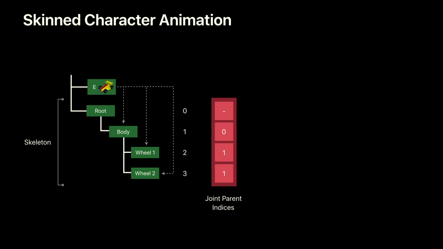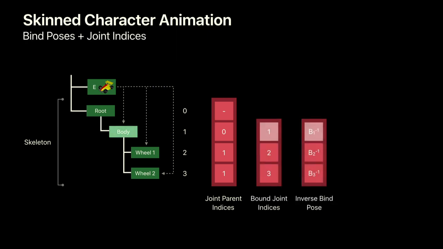We're going to encode the parents in the skeleton graph, just as we did for the geometry graph. So I'm not going to go into particularly how it works because it's exactly the same as before. Now, we're also going to encode for each of the bones that actually influences a vertex, the index of that bone in the hierarchy and the inverse bind pose.